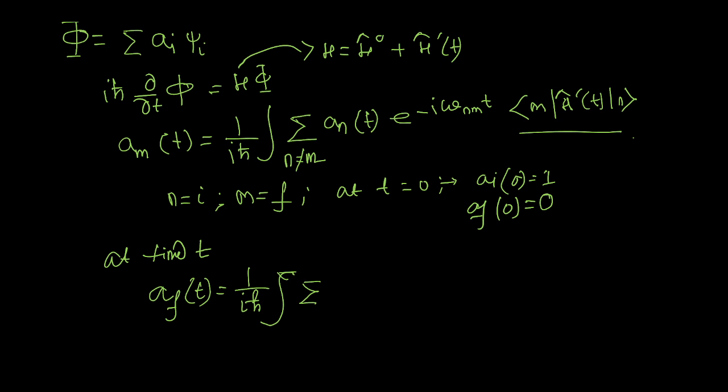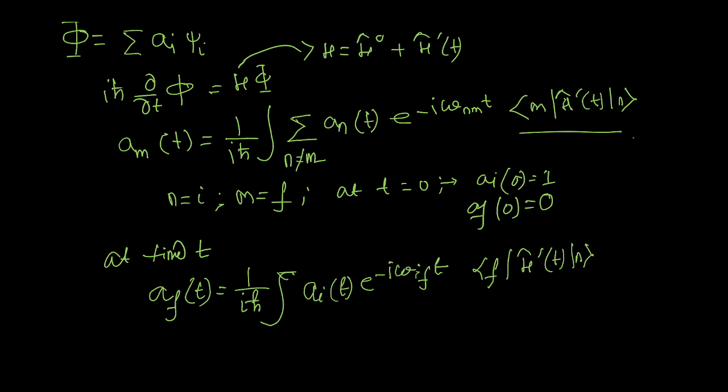One thing is that this i and f is there, and that is only valid when n is equal to i. So we can write e^(i omega_if t) <f|H'(t)|i>.